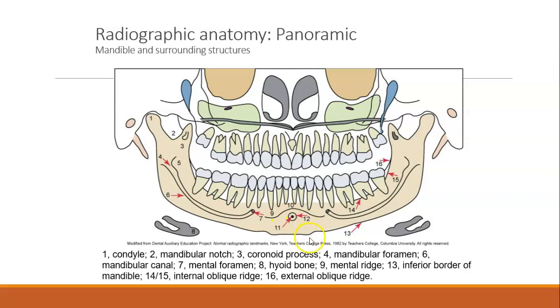And then the styloid process, I think must have been part of the maxilla. And then 14 and 15, riding all the way up here is the internal oblique ridge, and then sometimes you can see a second line that's the external oblique ridge.